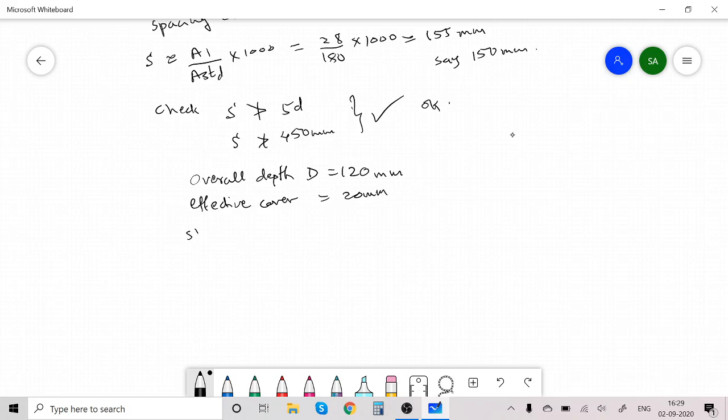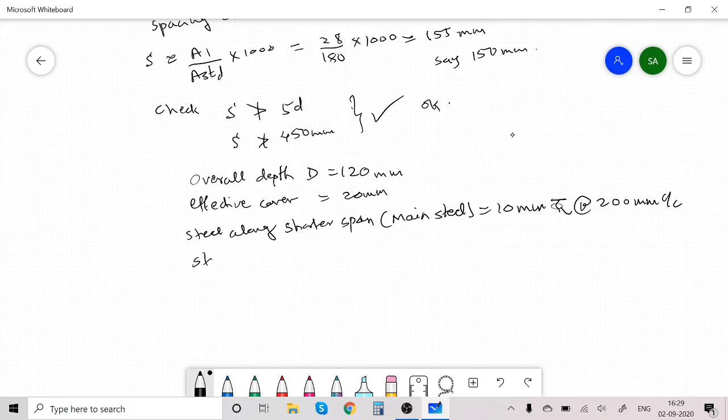Then steel along shorter span, that is main steel, 10 mm diameter Tor at 200 mm center to center, and steel along longer span, that is distribution steel, is equal to 6 mm mild steel.